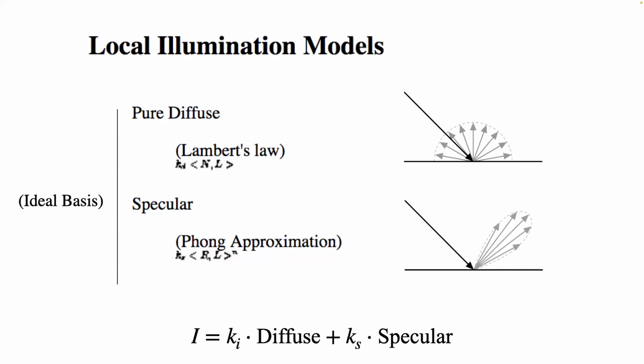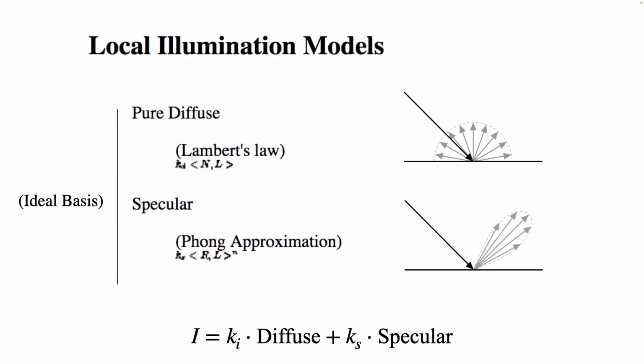This is very simple, and it is according to Lambert's law. This proportion is measured by the dot product between the ray that comes from the light and the normal of the surface.